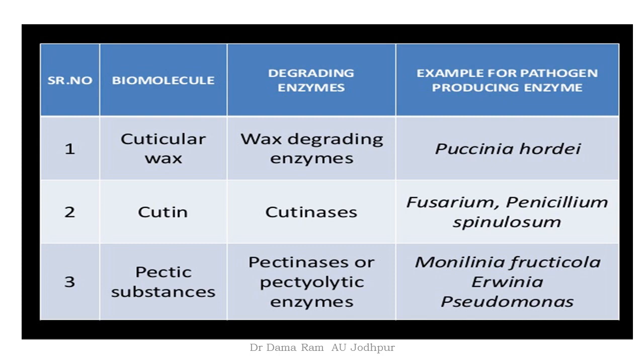Next is the cuticle, made up of cutin, and the degrading enzyme is cutinase, and examples are Fusarium and Penicillium. Third is the pectic substances, degraded by pectinase or pectolytic enzyme. Pectic substances are the major part of the middle lamella, also called the cementing agent.